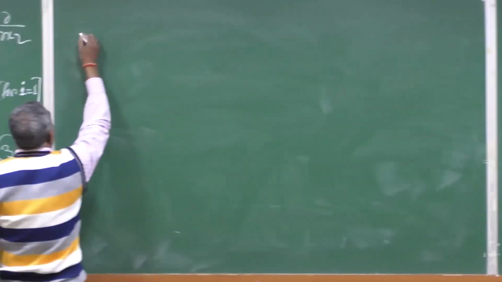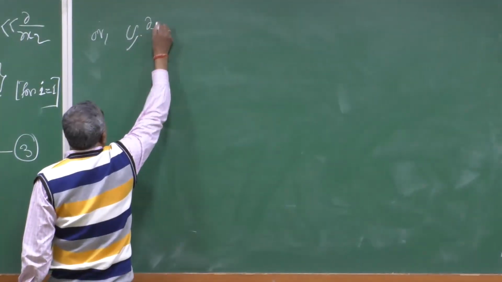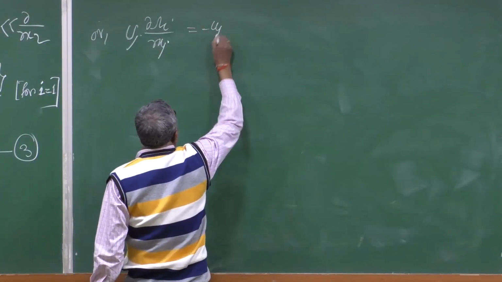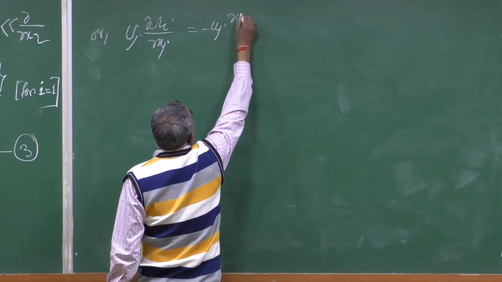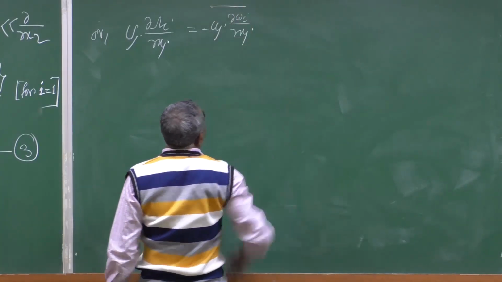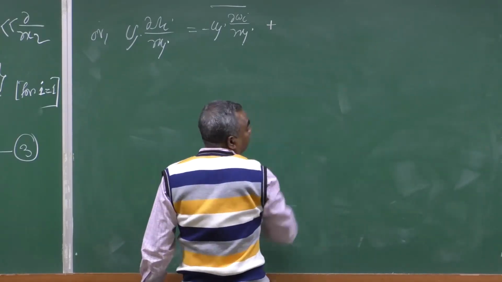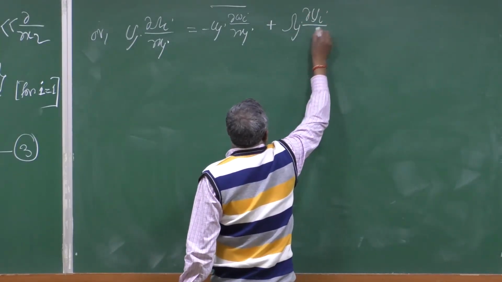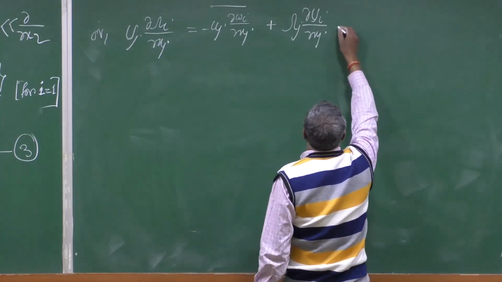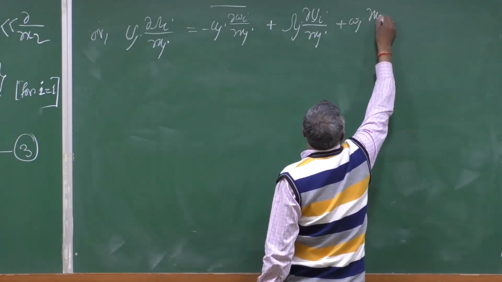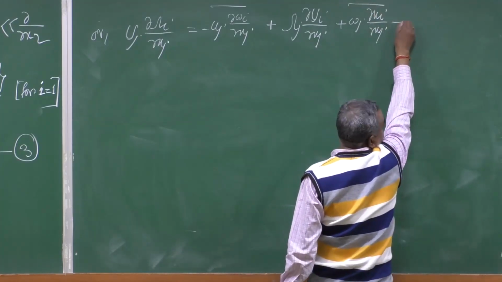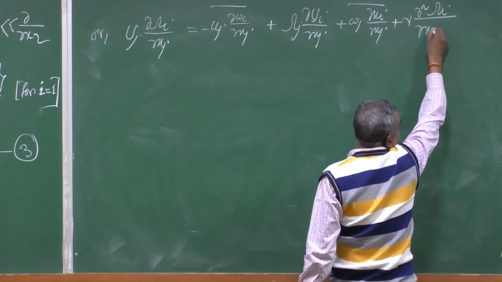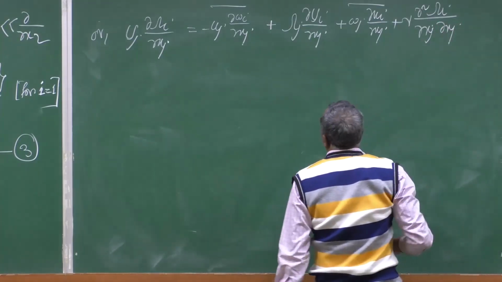After further simplification, we can write this equals minus u j del small omega I del x j bar plus omega j del u I del x j plus nu. This is what we get.